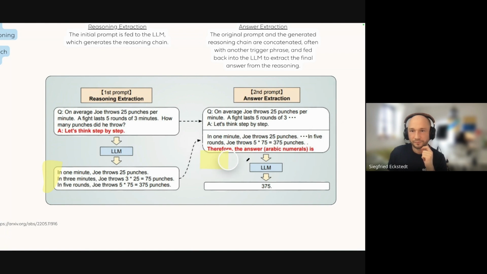You then can carry on and basically create your first shot with an example. This really helps if you struggle to come up with the structure. Later on, I have some more hacks, I would say, on how to come up with this chain of thought structure. But if you don't have anything, this is something that you can help yourself with.